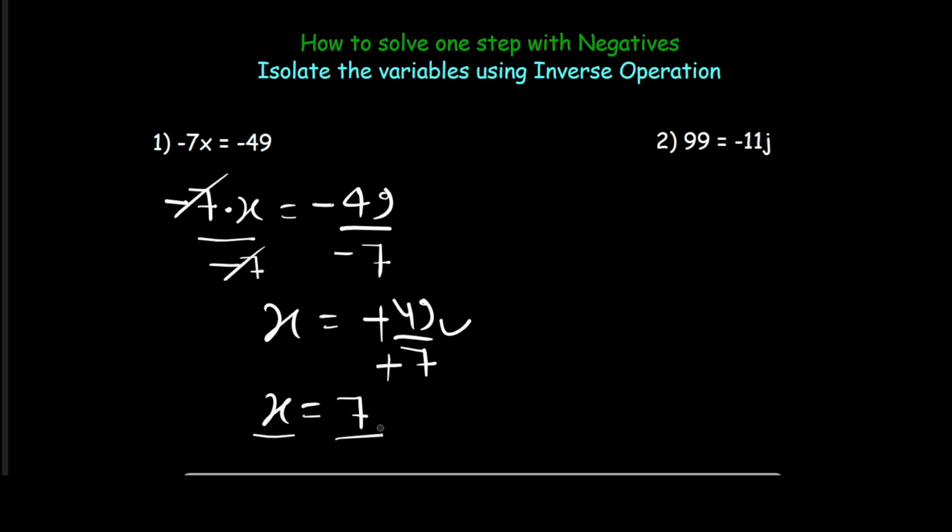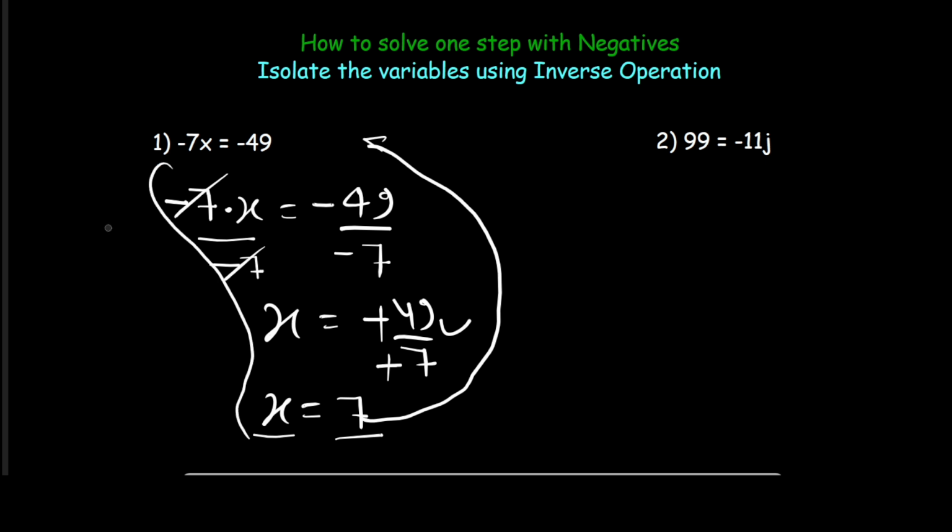And if we want to verify that our solution is correct or not, we have to plug this value to the initial equation. So let's do it here. I'm going to separate this section. So here minus 7 times x means 7 equals minus 49.